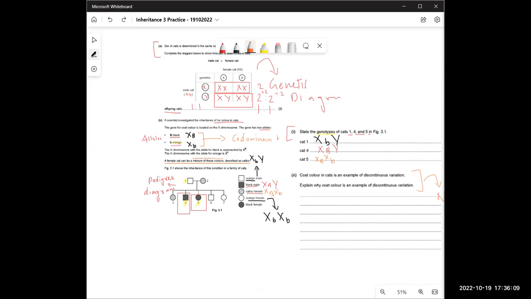Okay, we'll first have to look at the question. I'll open the question for you, and from there we'll go on. Let's look at this question, genetic diagram.